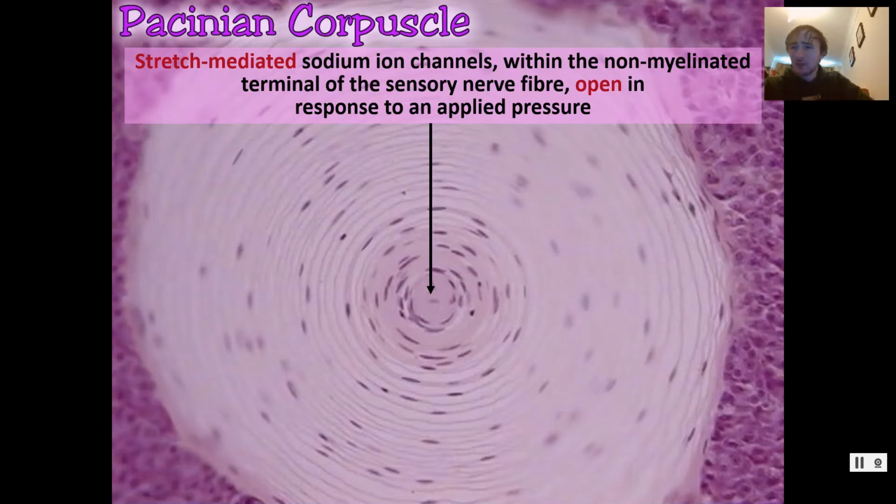It's the same thing with pain receptors. Whenever somebody puts their hand on a pin or sits on a pin, we put pressure on neurons, and this causes these stretch receptors to open and activates the neuron. In this case, though, we are responding to the capsule, the rings of connective tissue being squashed. And as they're squashed, we are physically opening the sodium ion channel.